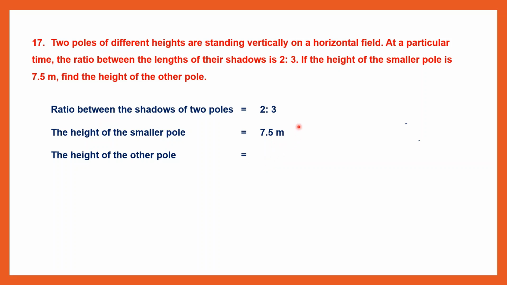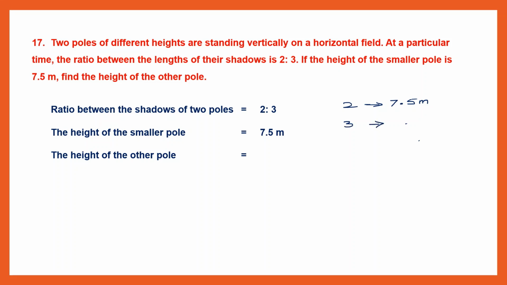In this case, let's use the unitary method. If the length of the shadow is 2, this is for the smaller one, the height of this pole is 7.5 meters. So when the length is 2, the height is 7.5 meters. So when the length is 3, what is the height?